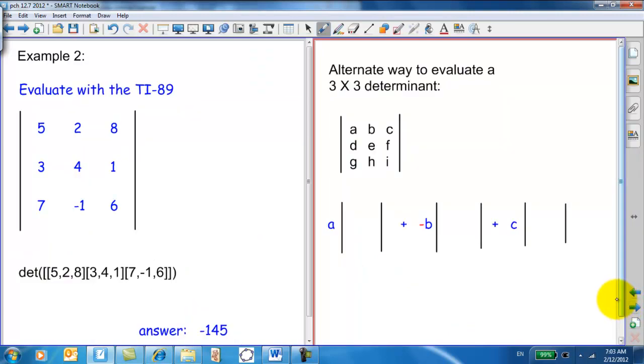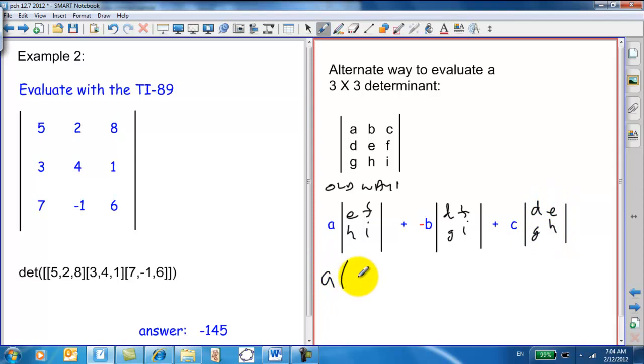Now here's an alternative way to evaluate a 3 by 3 determinant that a lot of students prefer. First I'm going to do it the old way. The minor of A would be EF, HI. The minor of B, notice I put the negative on the B there, would be DF, GI. And the minor of C is DE, GH.